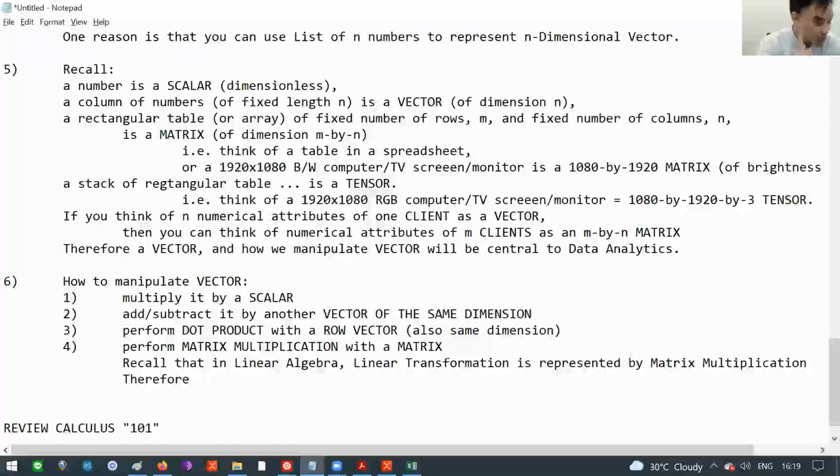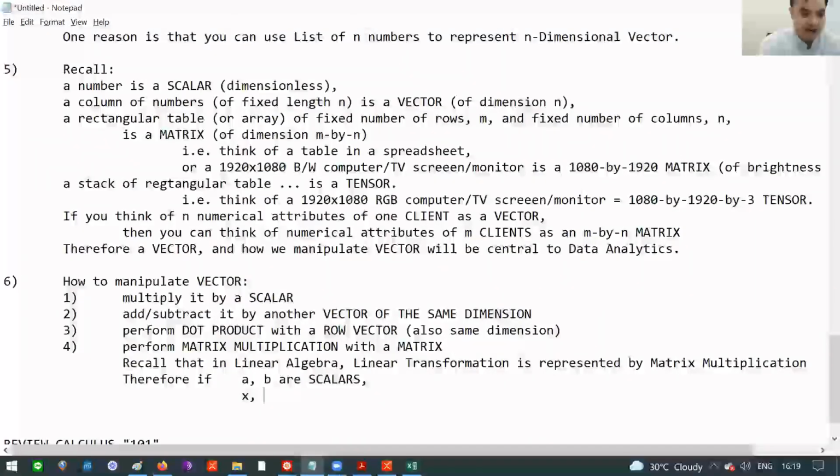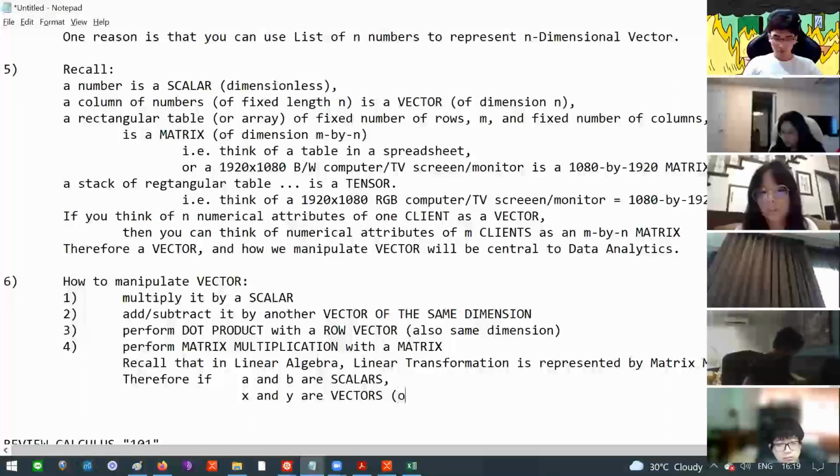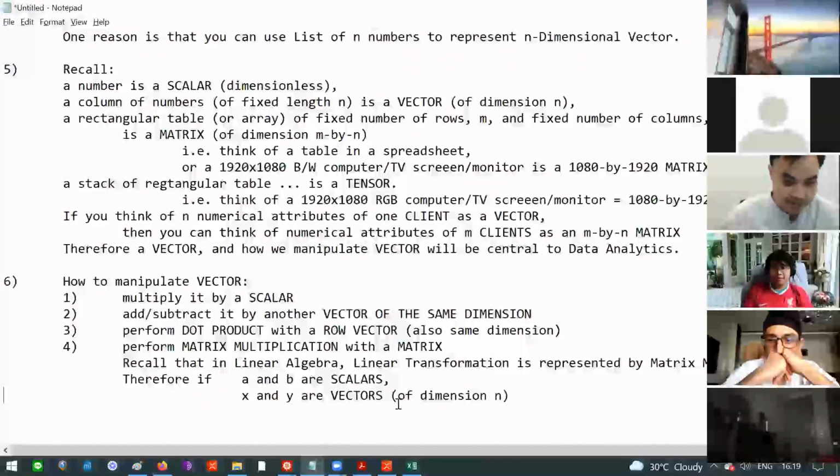Therefore, you will notice, okay, if a and b are scalars, and x, y are vectors of dimension n, each one, both of them. Okay.